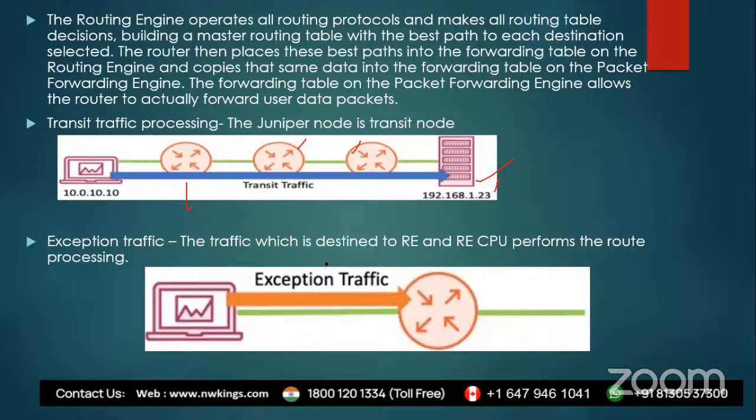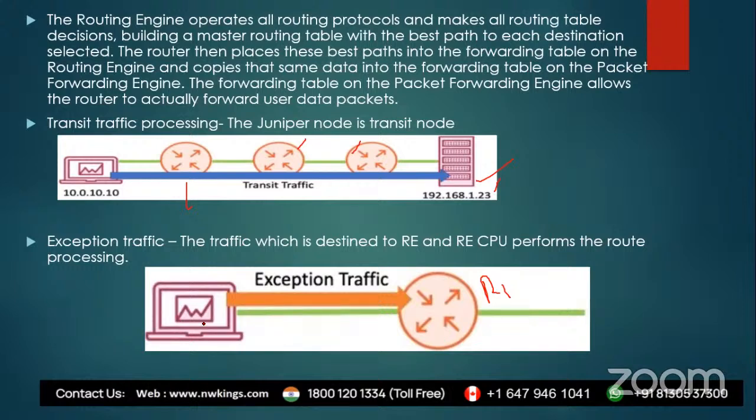The exception traffic is the traffic which is destined to me. So this is R1. If you want to access R1, suppose this is 10.10.10.10 and this is 10.10.10.11.